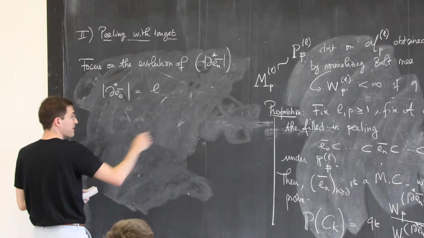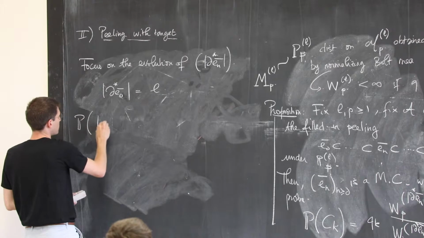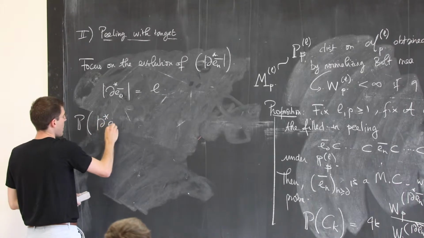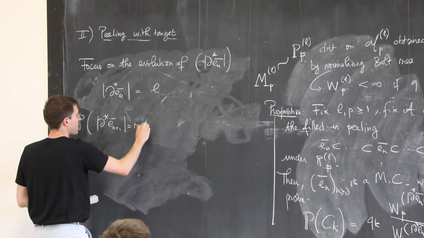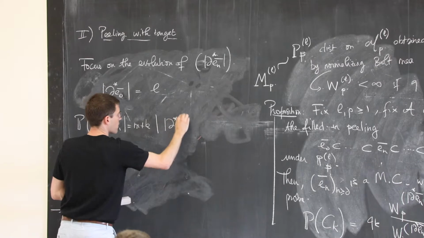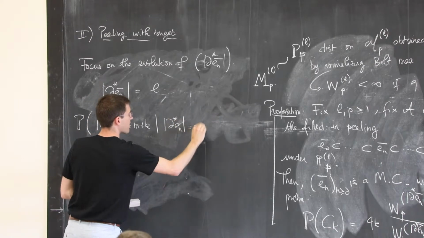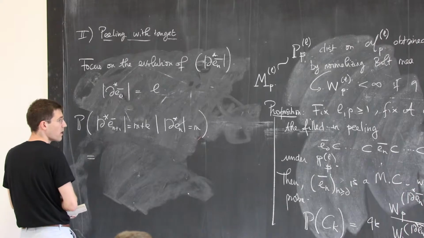Okay? And then from this transition, what do you see? You see that the probability that E star n plus 1 is equal to m plus k, knowing that the hole you're exploring at step n is equal to m, what is it equal to?